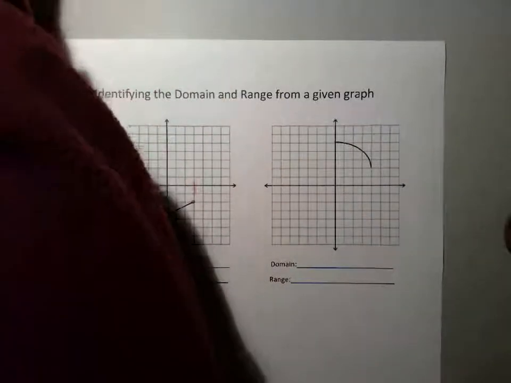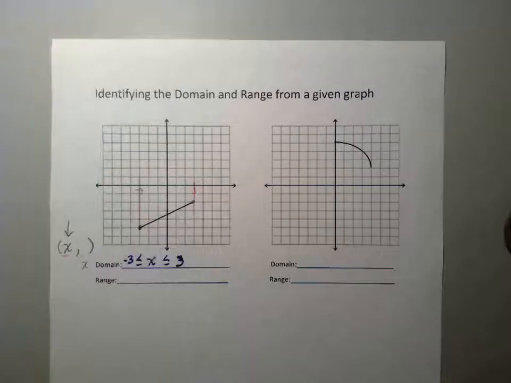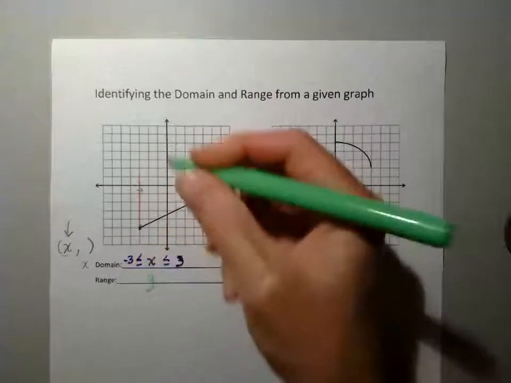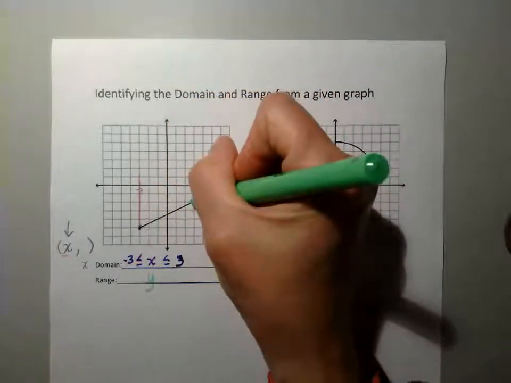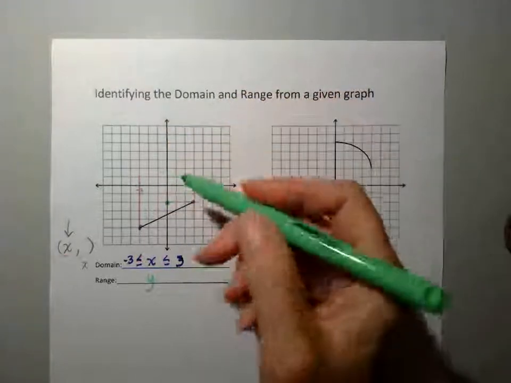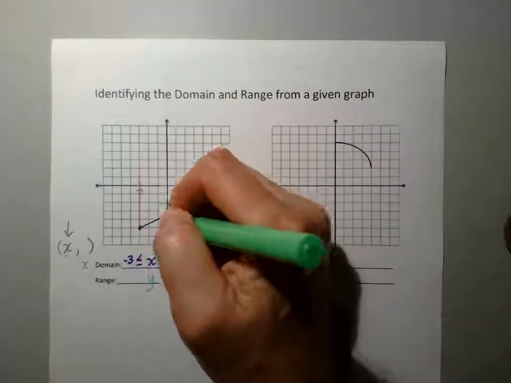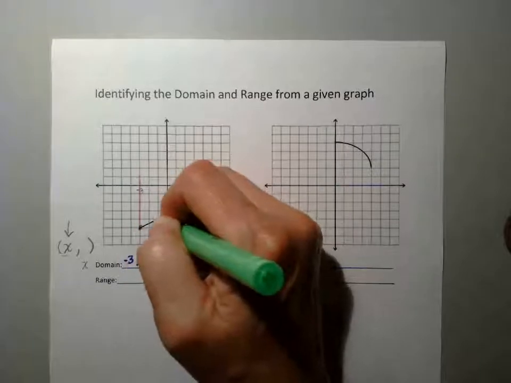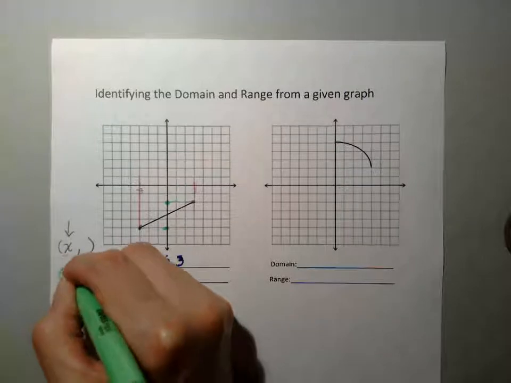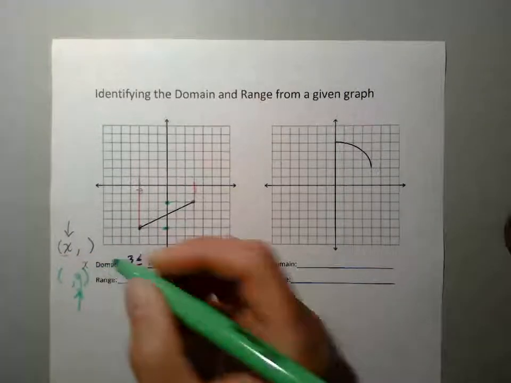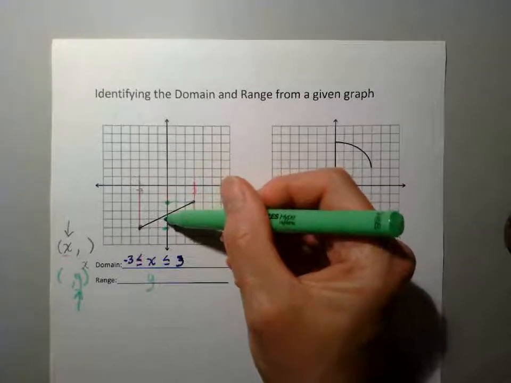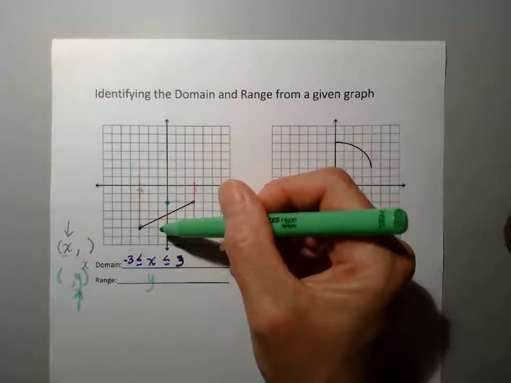So I want to actually look along the Y axis, this axis, and see, okay, this point is right there, and it goes all the way down to this point. So all of the Y coordinates are going to be in between -2, -3, -4, -5.